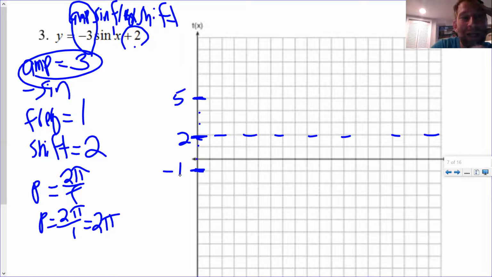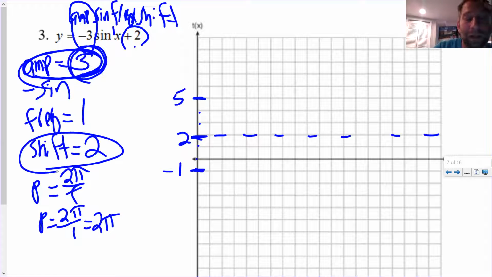Again, amplitude, I'm not putting my max and min at positive 3 and negative 3. I'm putting my max and my min 3 units from the midline. Up 3 from the midline, down 3 from the midline. My y-axis is good. My x-axis, 4 dashes, 1, 2, 3, 4. My period goes at the end of the 4th dash.